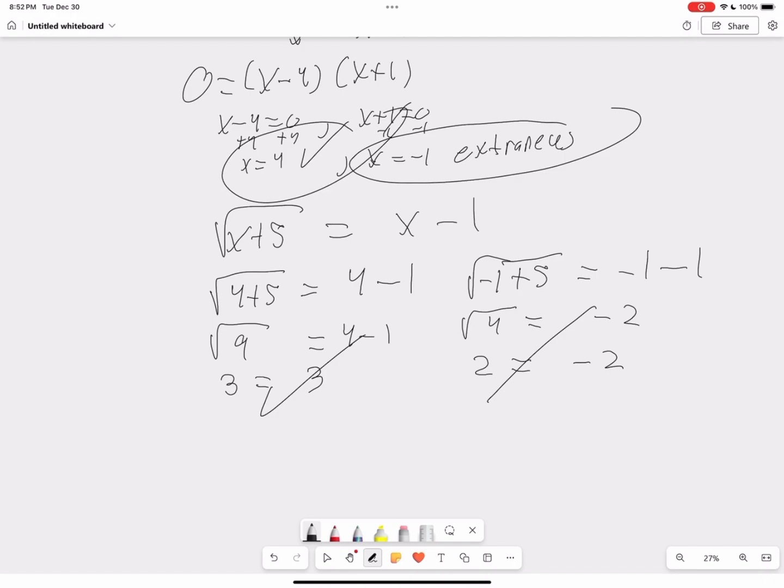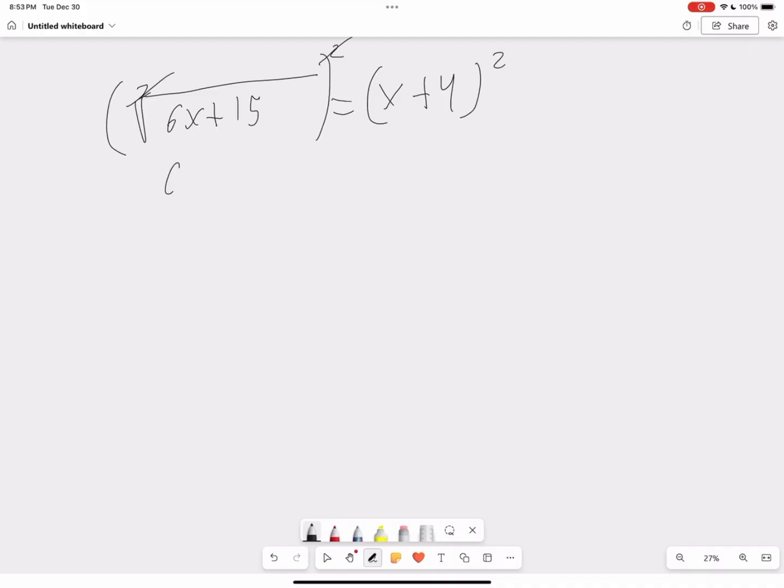So let's try another one. If we have the square root of 6x plus 15 equals x plus 4, let's go ahead and square so we can get rid of the square root.